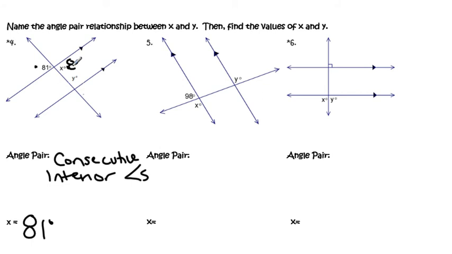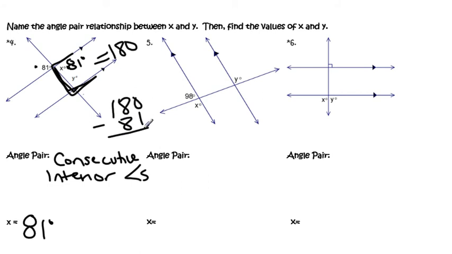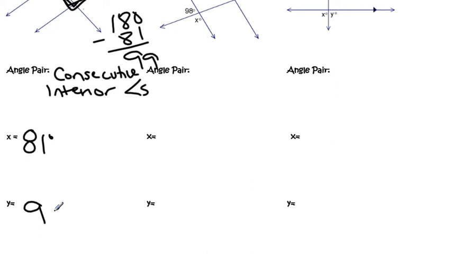If x is 81 degrees and we know that x and y are supplementary, they equal 180 degrees, then I would take 81 from 180 and I would get 99. That would give me my value for y.